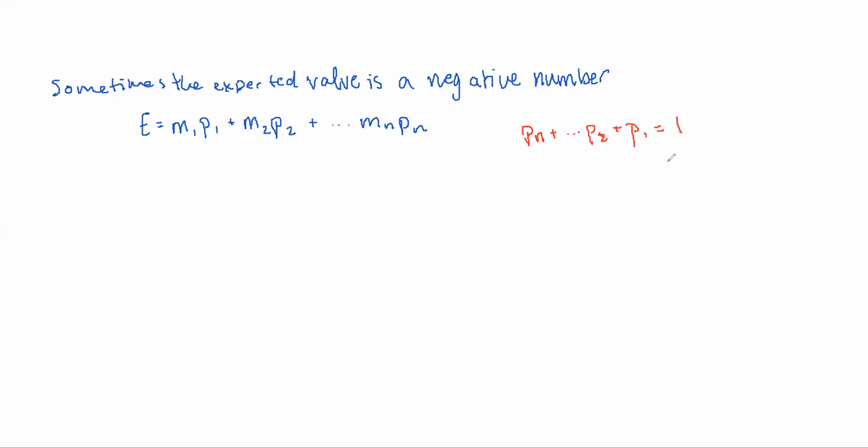All of our probabilities are going to be positive numbers that are less than 1, because all of our probabilities summed together are going to be equal to 1. So all of the chances of our expected value being negative come from the possibility that the payoff may be negative, not the probability itself. Okie doke.